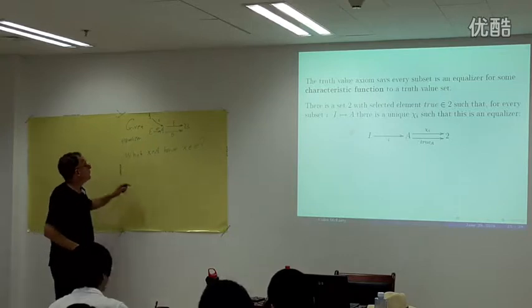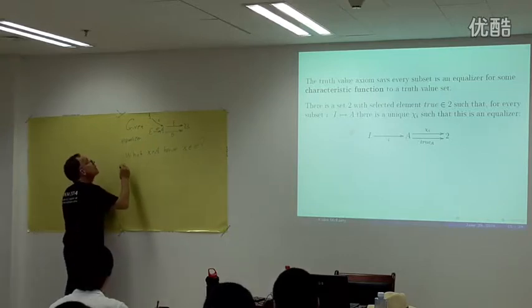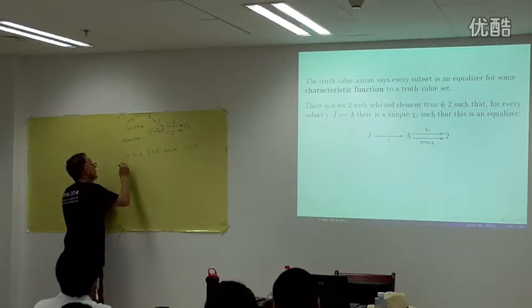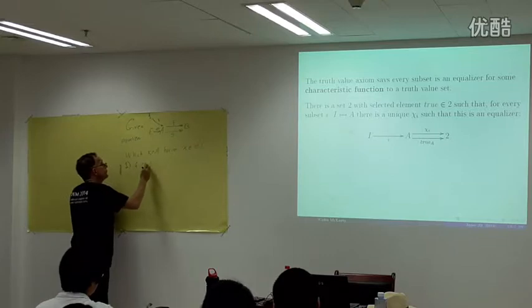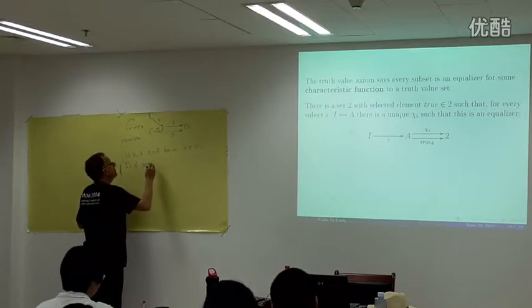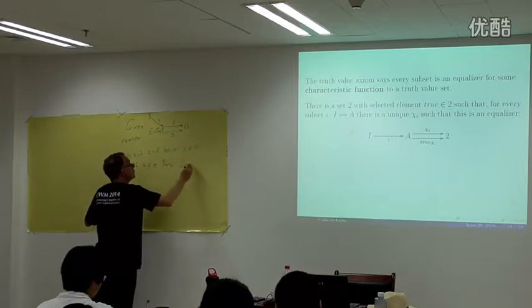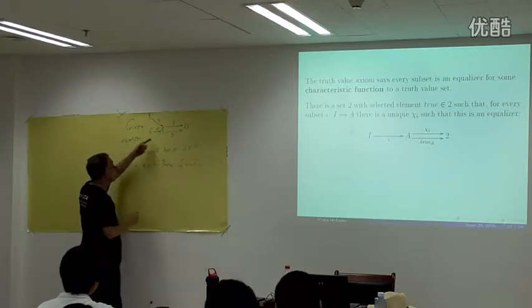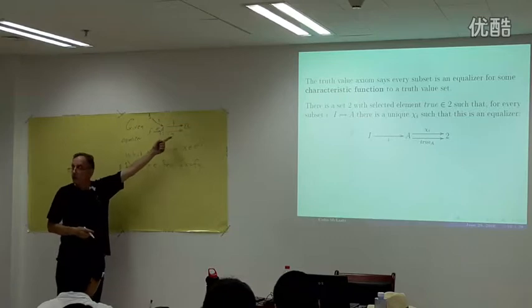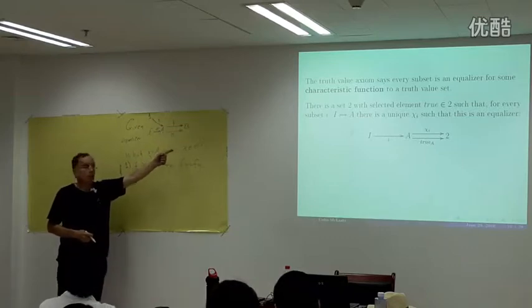Well, let's see. If x is an element of E, then f of x equals g of x. I claim that all the elements make those two equal. Why is that?